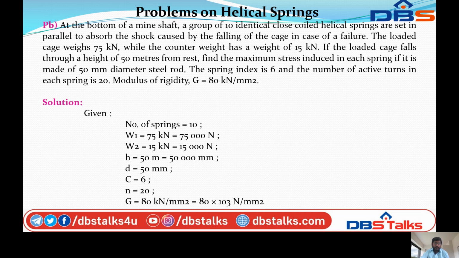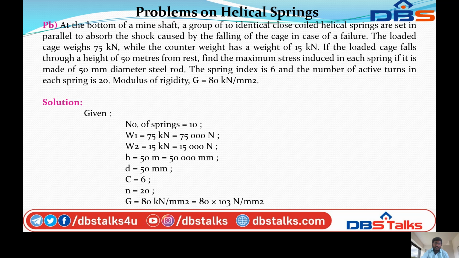At the bottom of the mine shaft, a group of 10 identical closed coil helical springs are set in parallel to absorb the shock caused by the falling of the cage in case of failure.